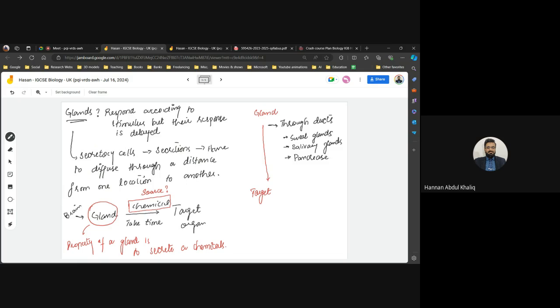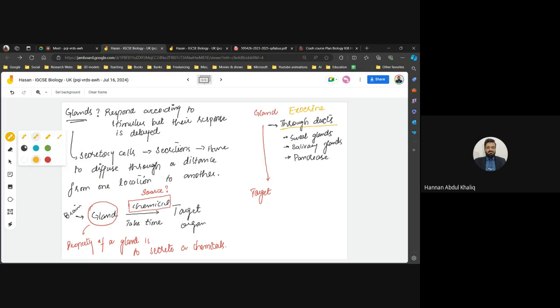So those are chemicals as well. Then even the liver, or you may say gallbladder. They all have ducts. So one way to transfer the chemical from the gland to the target is through the ducts. This kind of system that uses the duct is called the exocrine system.